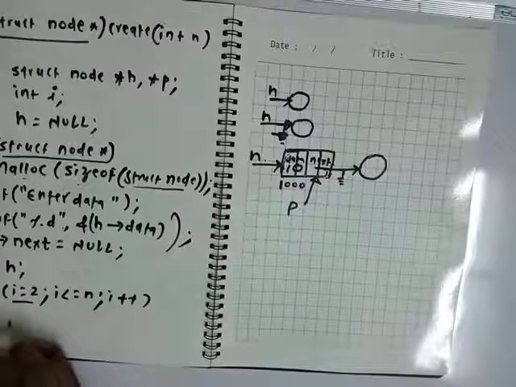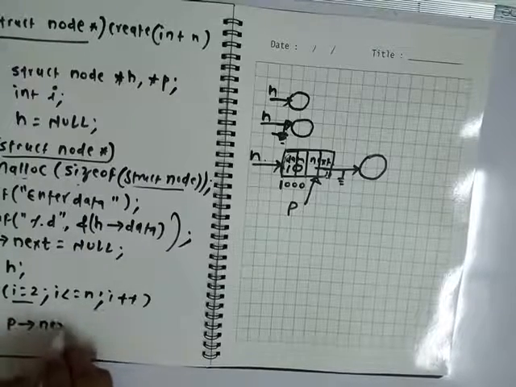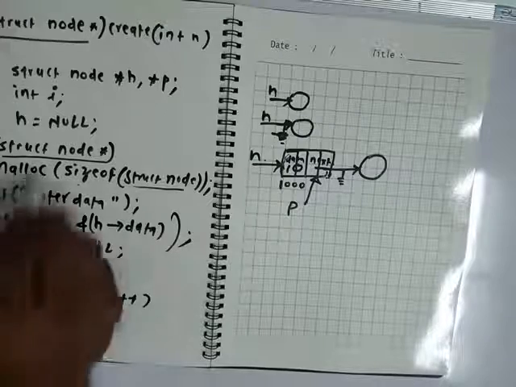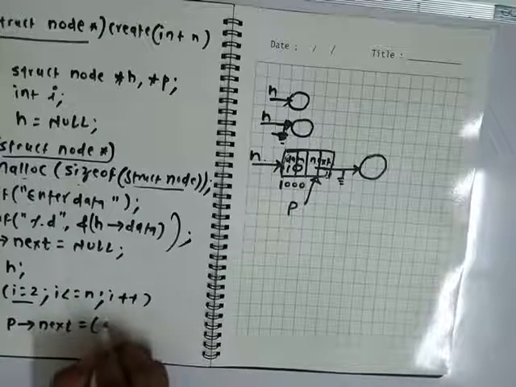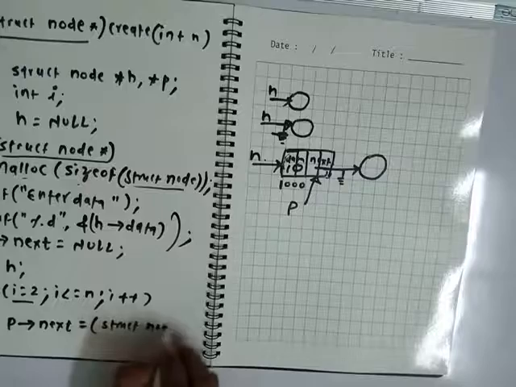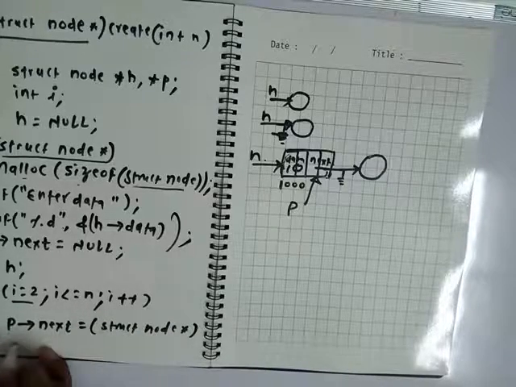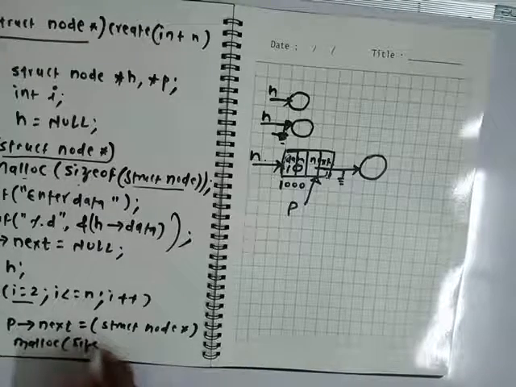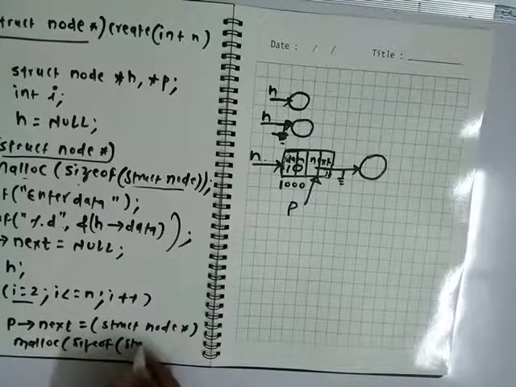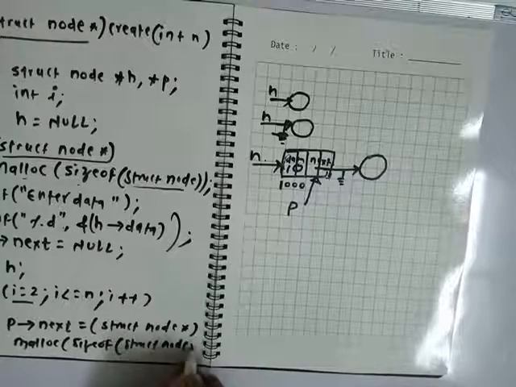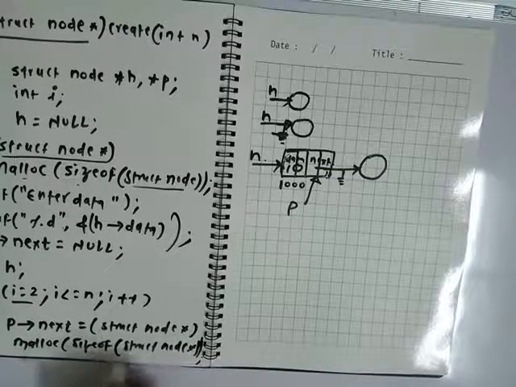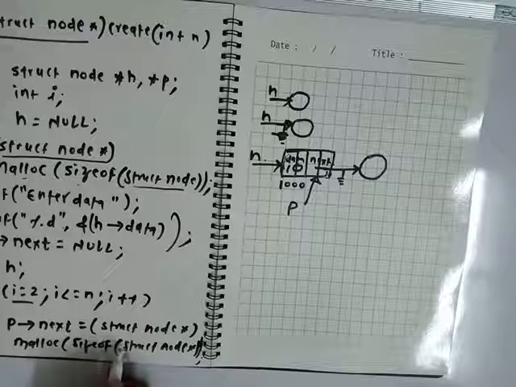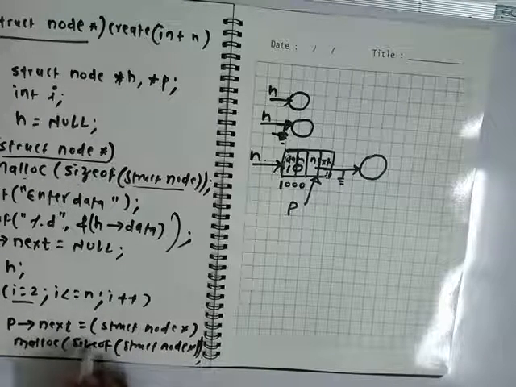So I'll say p arrow next is equal to, the same statement I'll write, struct node, I'll demand memory and convert it into structure node type memory. In fact, if you know the size of the structure, you can directly tell that size, malloc 4 for example.